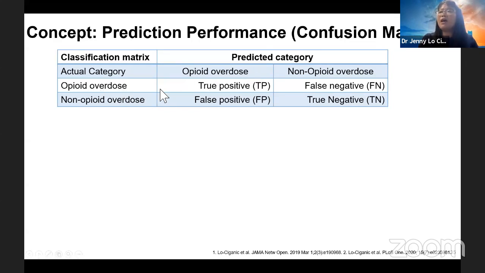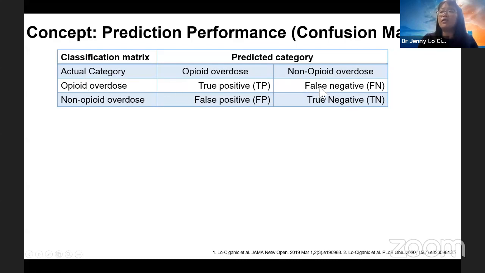So you have the true categories: they have opioid overdose, and then did you predict that they have an opioid overdose? This is the accurate one, which we call true positive. There is also true negative. A false positive is when they don't have an opioid overdose, but you say they do. And a false negative is when they have an opioid overdose, but you say they don't.